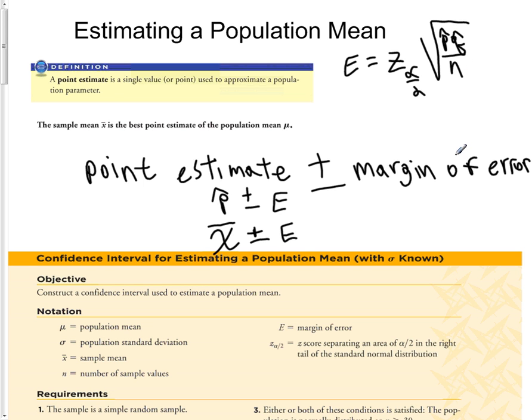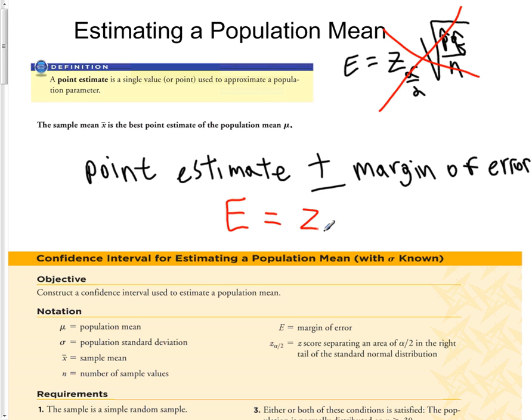But in this section, we're using a different margin of error because we're estimating a different population parameter. We're estimating mu. So our E is not going to be the E that we use for proportion. Our margin of error now is going to equal the critical value, z of alpha over 2, so that's common to both.